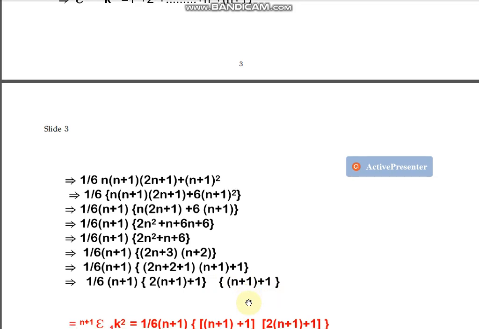So to that extent, I would like to say that we've tried to prove the second and the third conditions, that is the second condition that demands us to assume that the equation holds for n, then from there assume it for n plus 1.